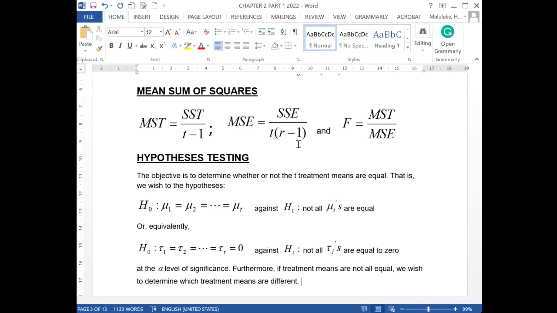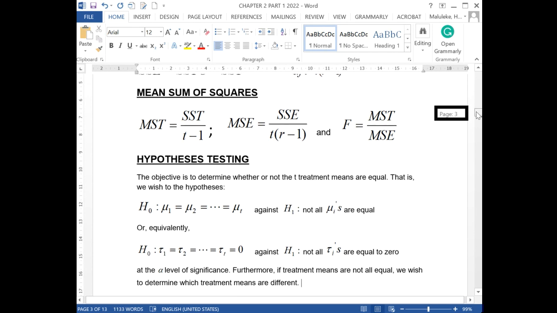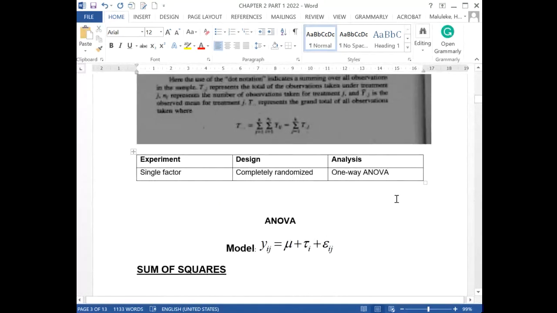The second part, written chapter 2, part 2, is about random effect models. And the last one is about the residual analysis, where we check errors to see if our model is fine.